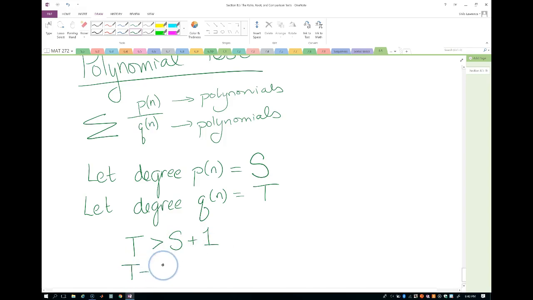Or if you were to find the difference between them, that difference must be greater than 1.